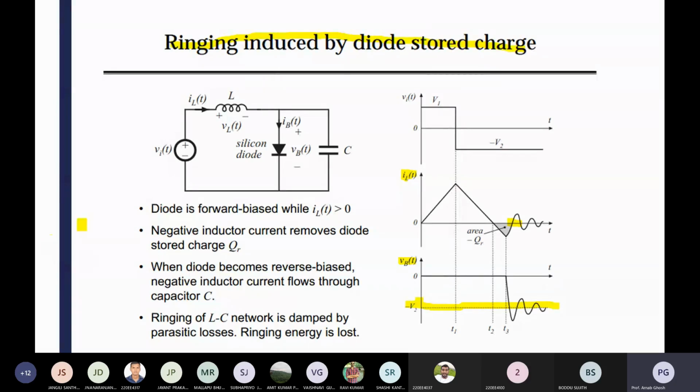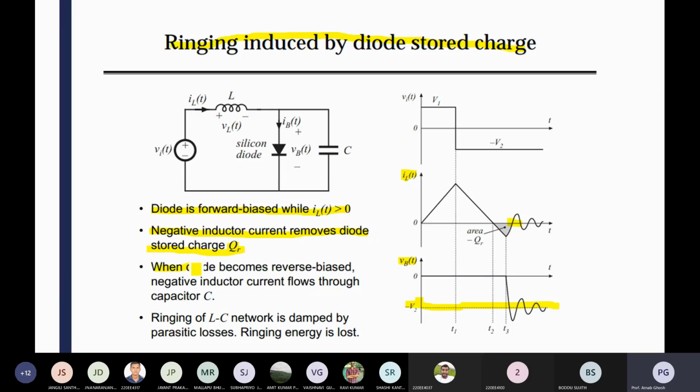Okay, so charging and discharging. If you are first charging instantaneously, then suddenly go to the discharging mode, you can observe that transition. The diode is forward biased while IL is greater than 0, and negative inductor current removes the diode stored charge, that is your Q1.